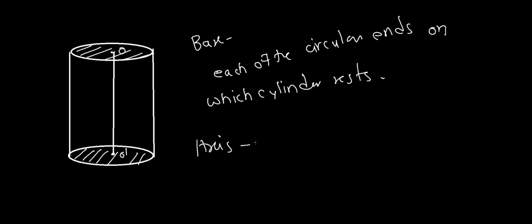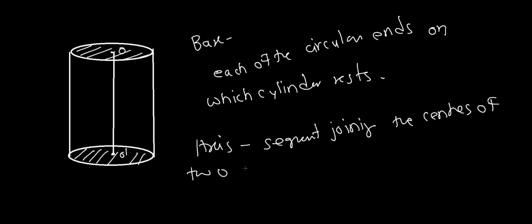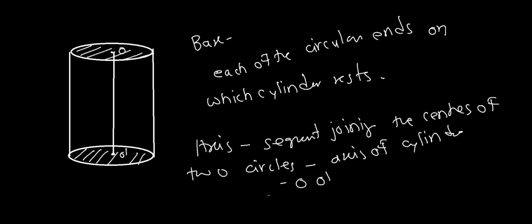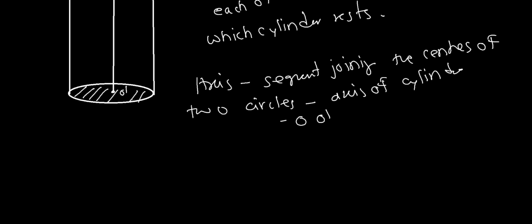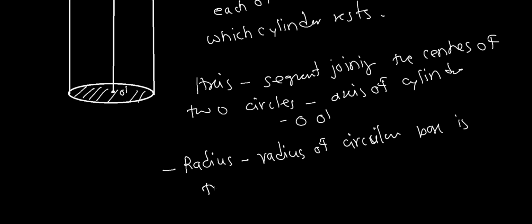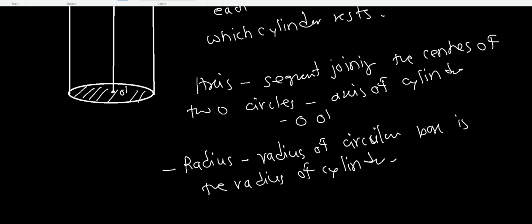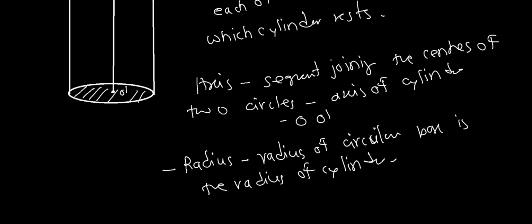Then axis: the segment joining the centers of the two circles is the axis of the cylinder, and here it is O O dash. Then radius: the radius of the circular base is the radius of the cylinder.